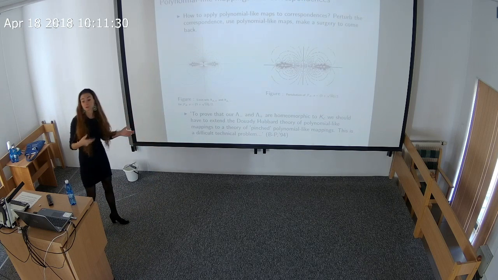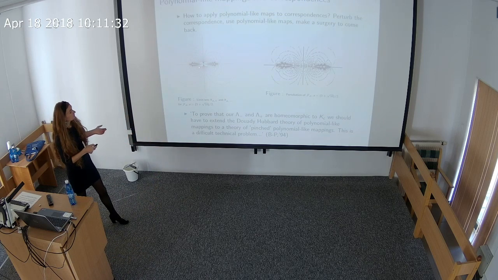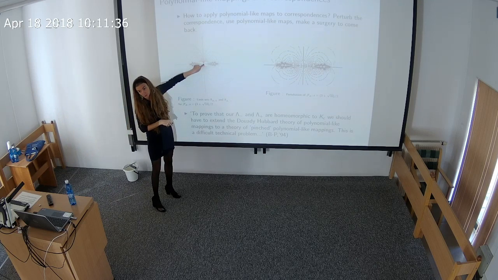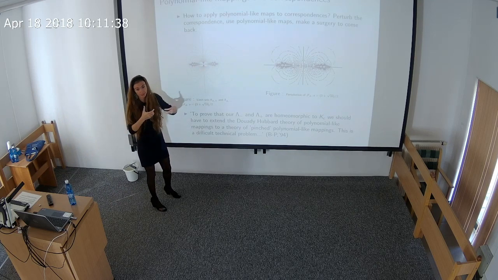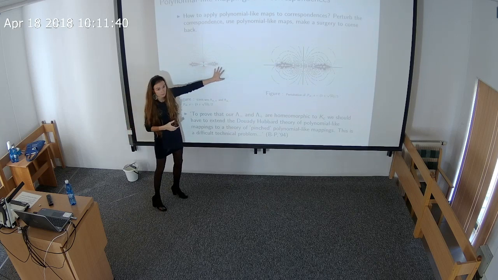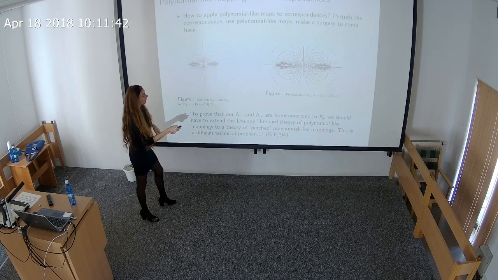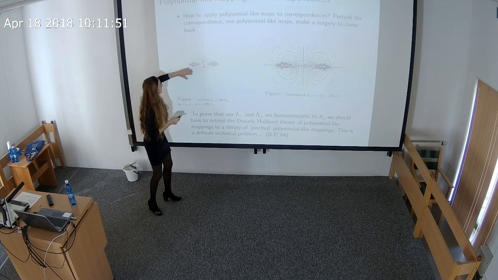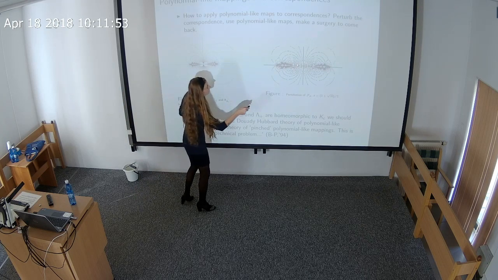Well, you perturb your correspondence in order to destroy this, which is a parabolic fixed point, and disconnect the 2 limit sets. So you get a backward limit set disconnected from your forward limit set. And when you disconnect it, the dynamics becomes the dynamics of a polynomial-like mapping.